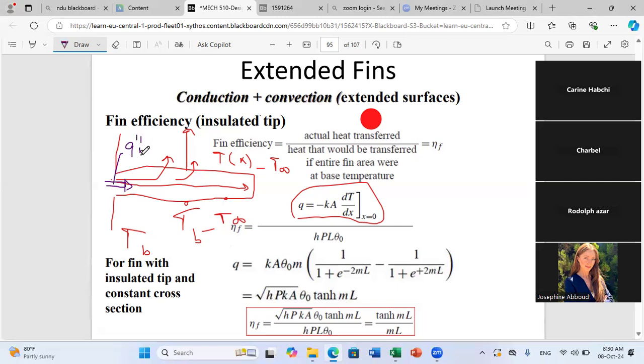And as the heat goes through the fin, at each dx you have some losses by convection. Here, as I said, consider an insulated tip, so no loss here. Why can we consider that the total heat lost through the fin is equal to Q double prime at the base?